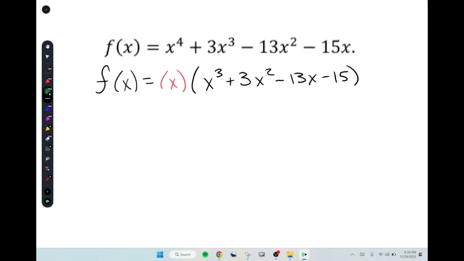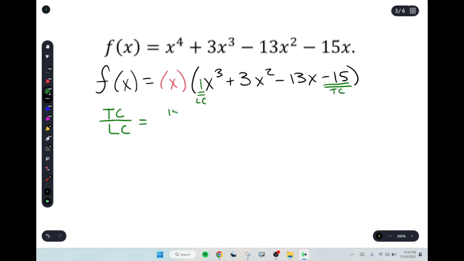All right, so now we got to hop over to that thing where you do the TC and the LC. And you got to remember what they stand for, which is 15 is your TC, and this invisible 1 is your LC. So you get 15 over 1. But it's not just 15, because that would mean factoring is the easiest thing in the world.